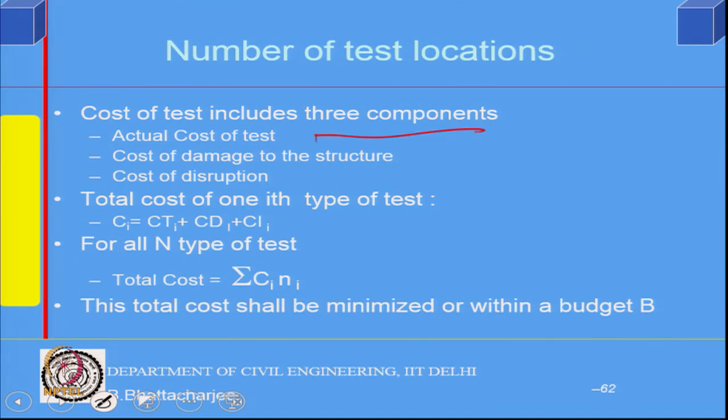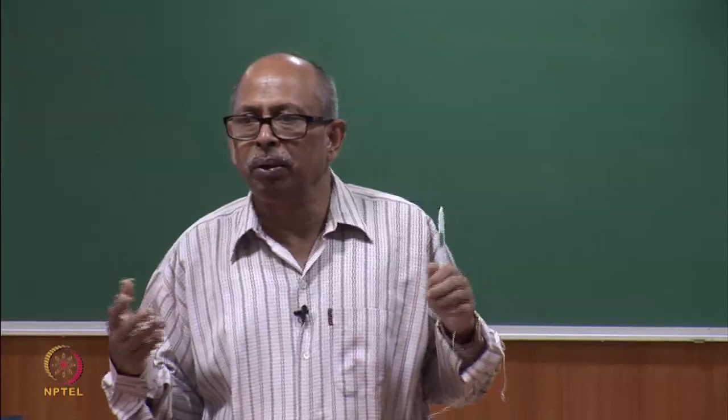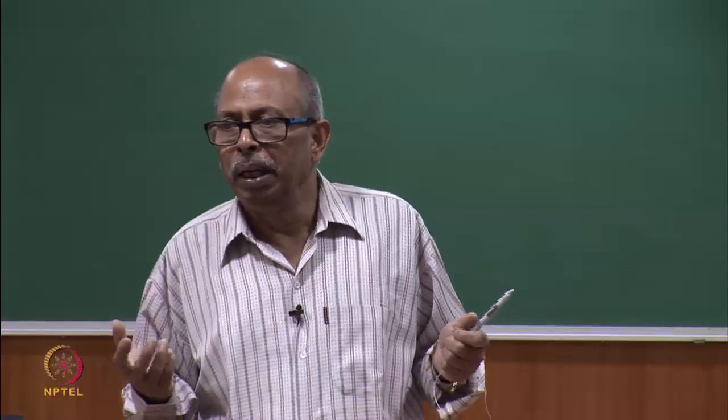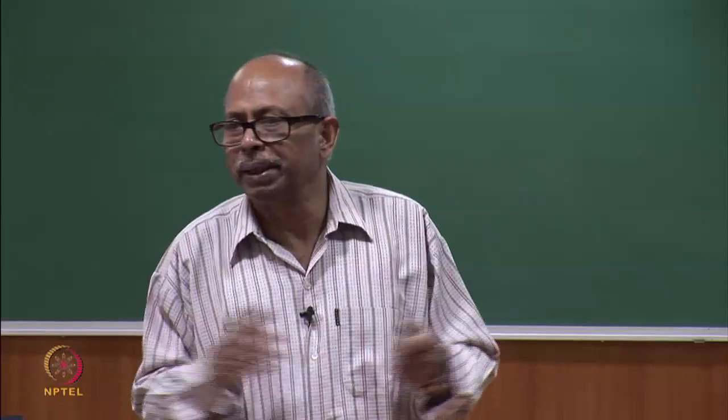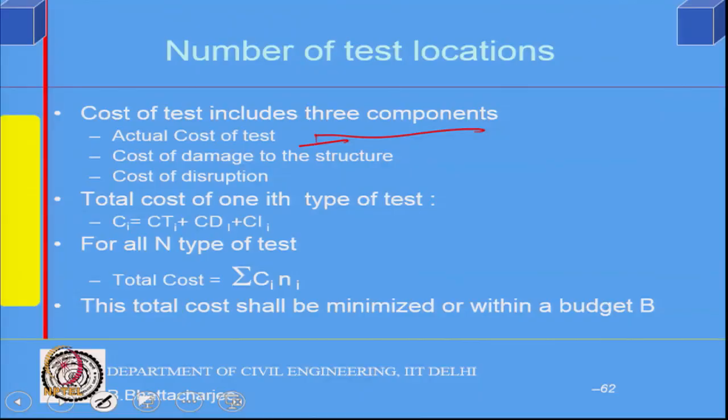Cost of test will include the actual cost of test, because you have instrument cost, as whoever is doing it would like to recover the cost of the instrument, the labor cost, setting up cost, etc. Then the cost of damage to the structure, if there is any. For example, you do a core test, you have to fill it back.